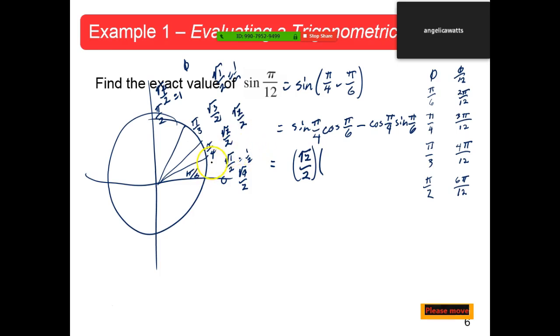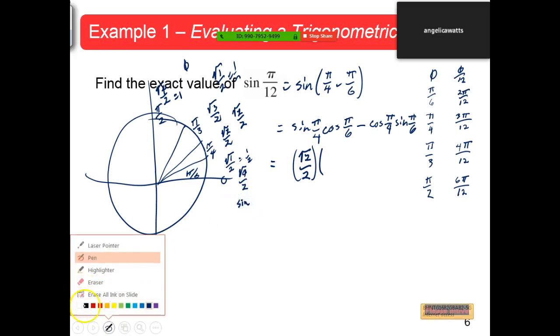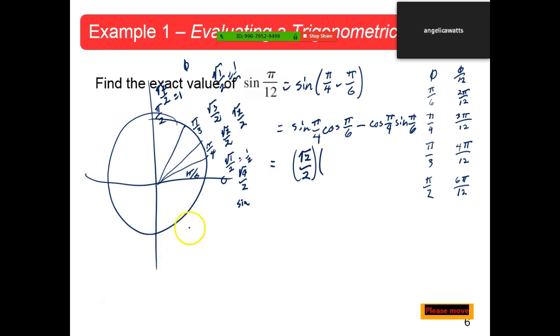I'm going to do these, the sines here, okay? Give me your favorite color of those listed here. Give me a color. Purple, okay? I like purple too, okay?